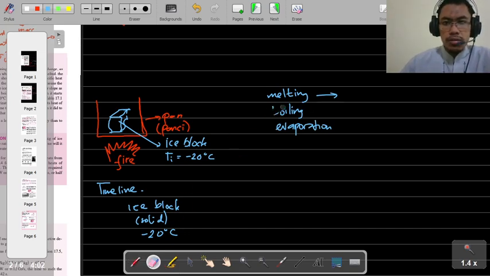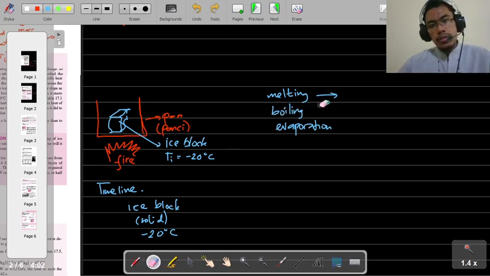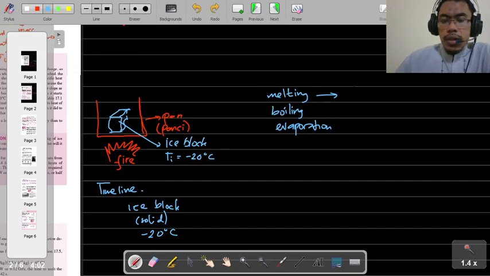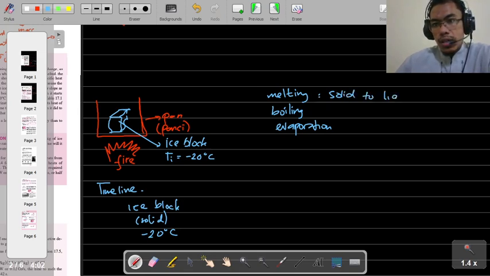Melting is a process of phase transformation from solid to liquid.